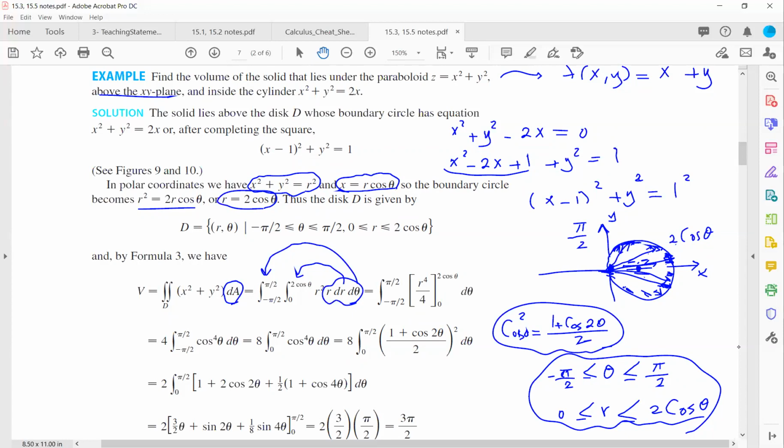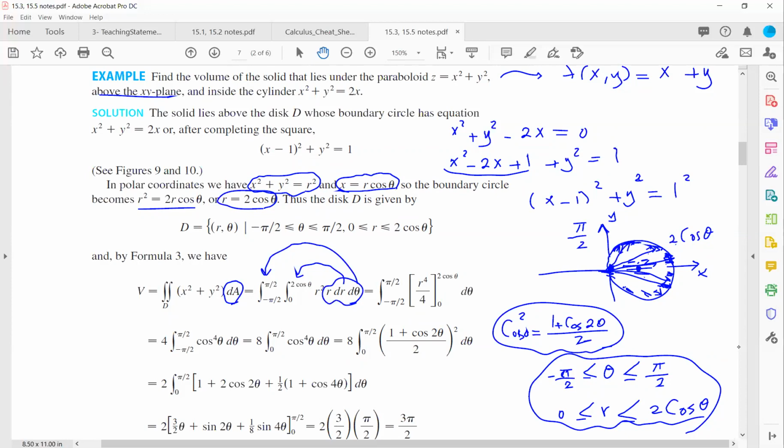And since you have cosine to the 4th, you have to raise it to the 2nd power as well. Now, we just multiply 1 plus cosine 2 theta by itself, and 2 by 2, which is a 4th.